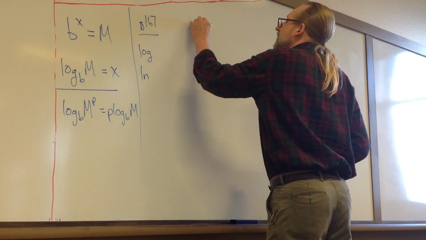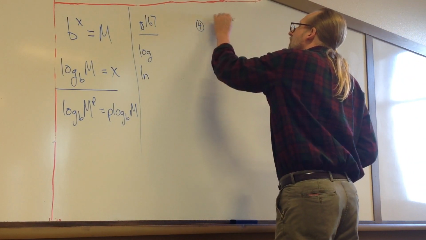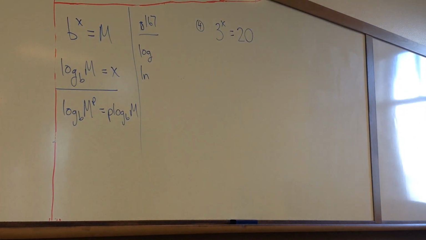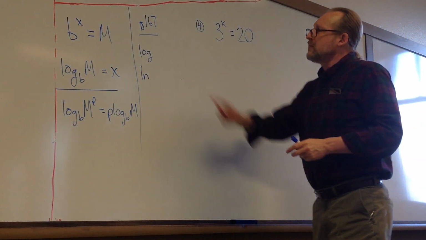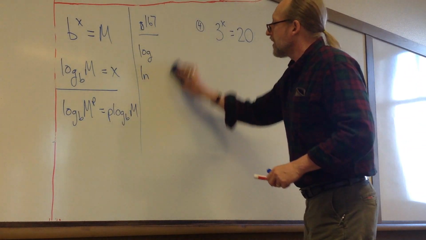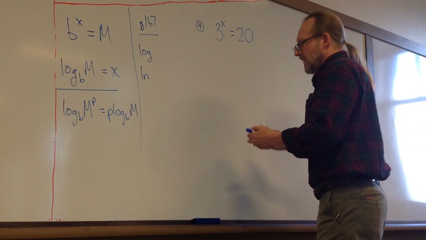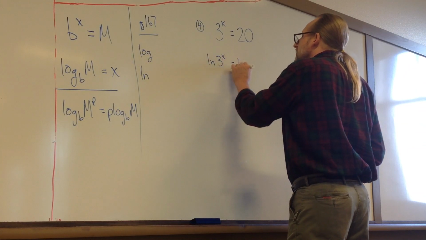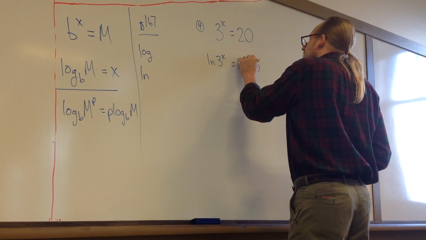All right, so problem 4, I believe, says 3 to the x power equals 20. Okay, so I used log base 10 on the last problem. For this problem, I'll use log base e, or ln, natural log. So we'll say ln 3 to the x equals ln 20.